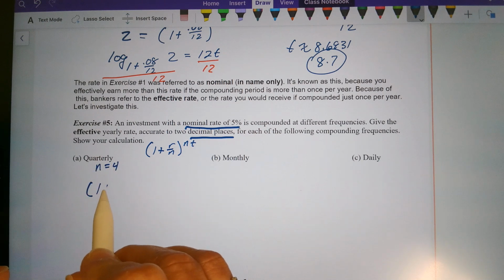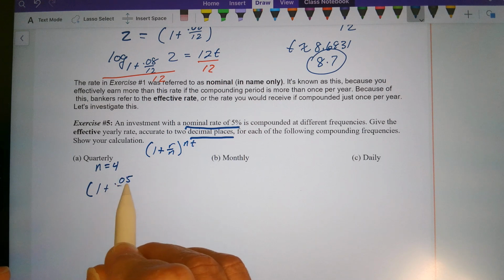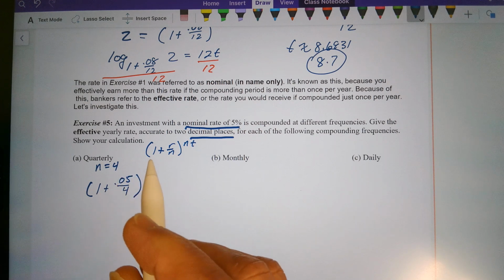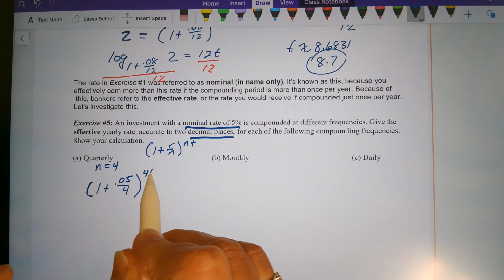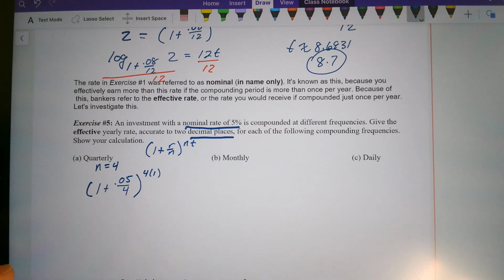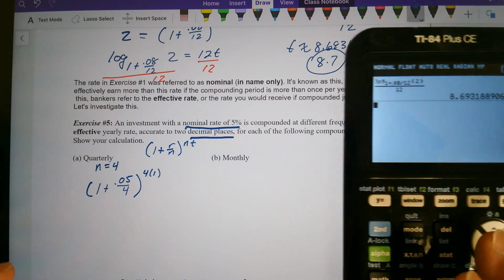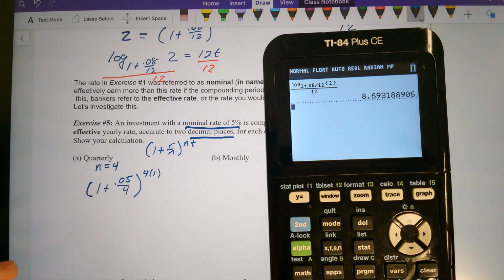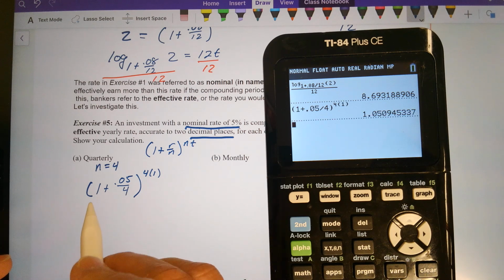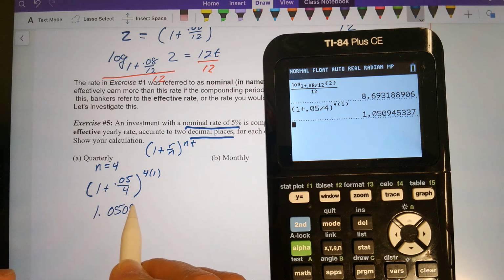We'll take our 1 plus 0.05 divided by 4 raised to the 4 times 1. 1.05094.